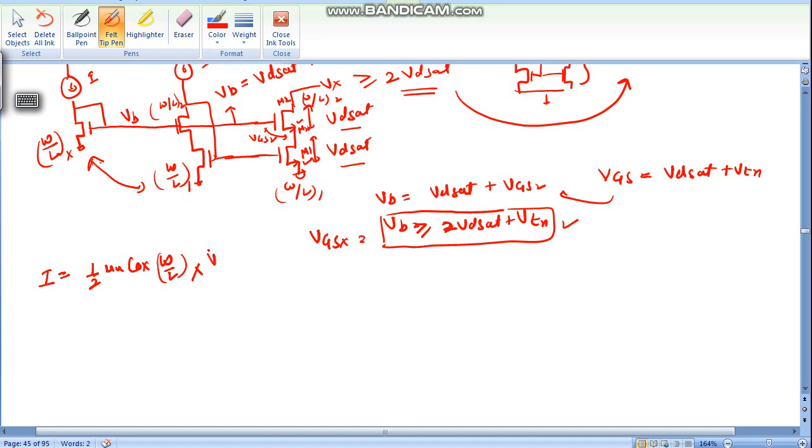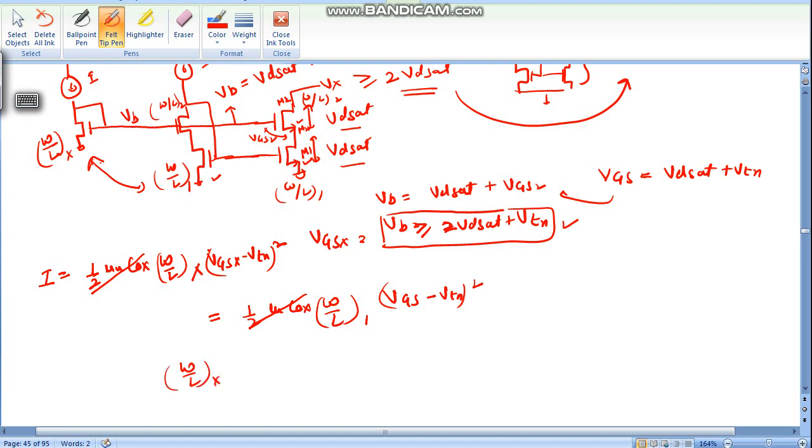So this will be (VGSX minus VTN) squared, which equals, if we now consider this device, half mu n Cox W by L1 (VGS minus VTN) squared. Now this will cancel. Now W by Lx. Now VGS for this device is equal to VB.